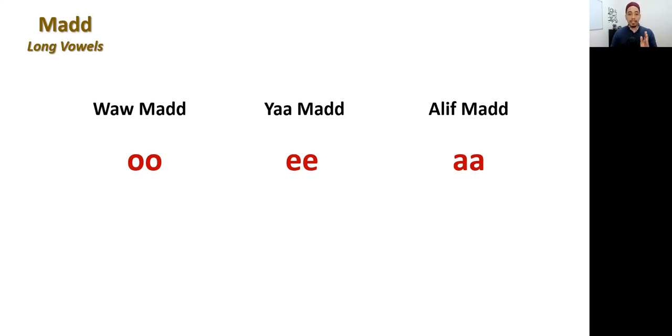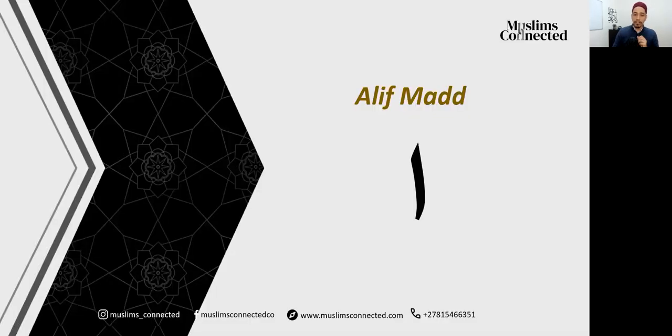The word mad in Arabic means extension, right? So we have the alif extension, which is the extension of the fatha vowel. We have the ya extension, which is the extension of the kasra vowel. And we have the waw extension, which is the extension of the dhamma vowel. A, I, U. Now I started with the sound because the sound is the simplest component of this concept, right? Okay, let's start with the alif mad.